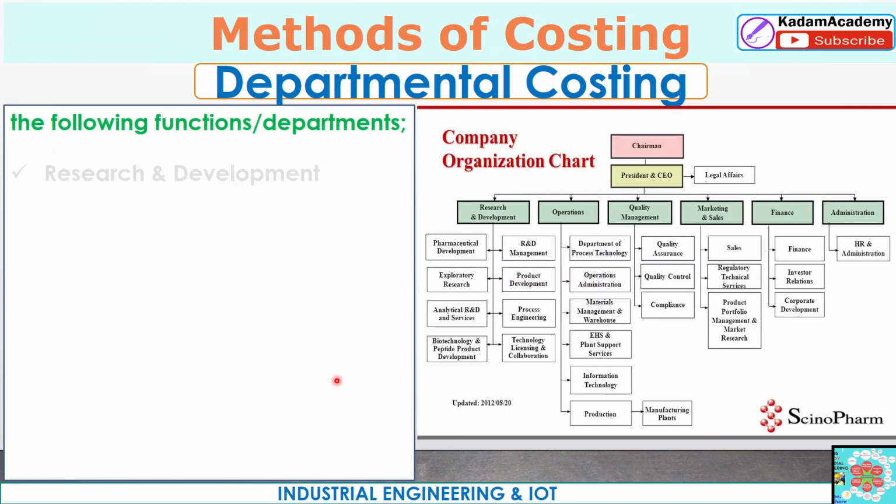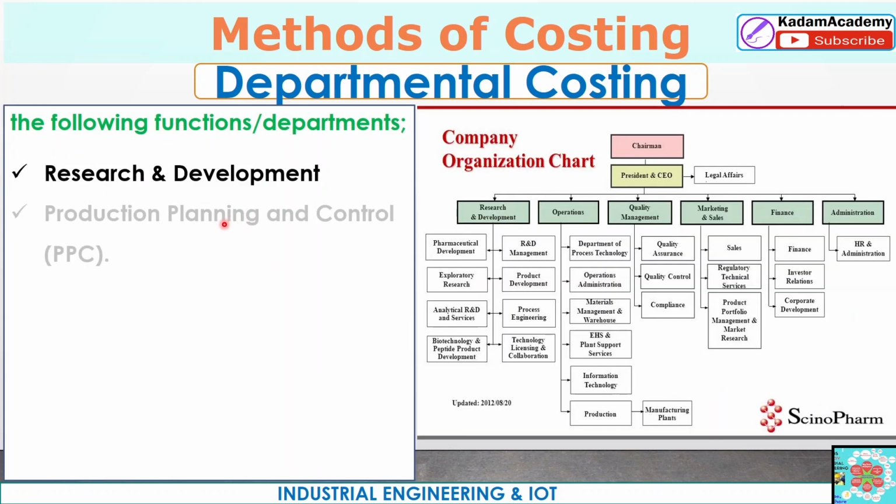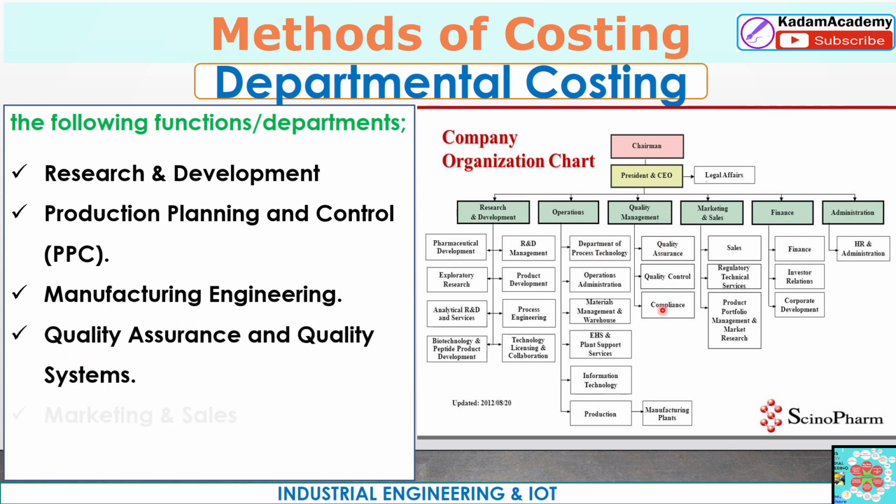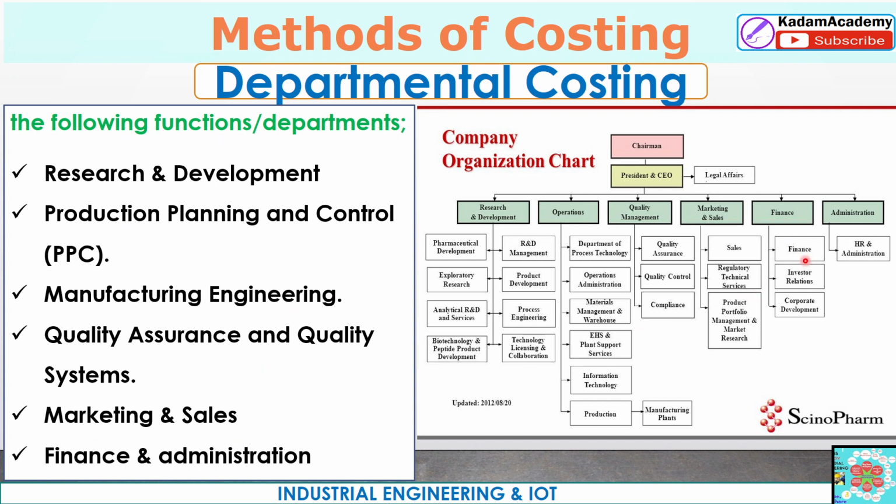IT or production manufacturing, or there may be research and development, production planning and control, operations, or quality assurance, or manufacturing department, or quality assurance and quality management, or marketing and sales, finance and administration. These are the different departments for which we have to calculate departmental costing. This comes under departmental costing.